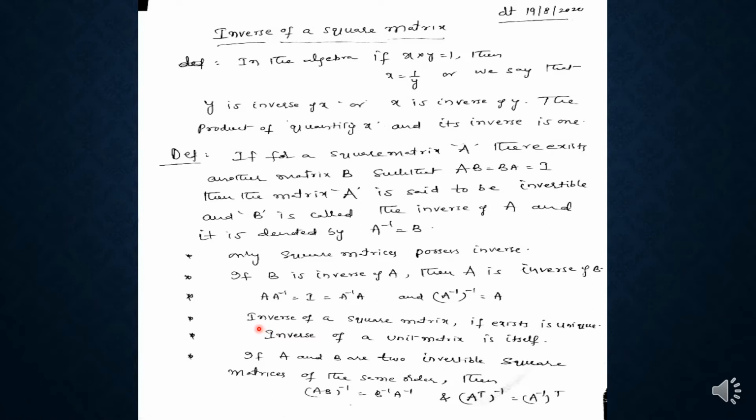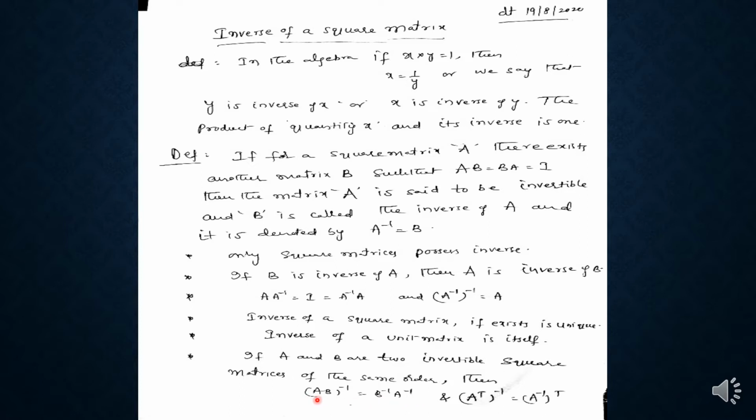A non-singular matrix gets an inverse matrix that is unique, only one. The inverse of a unit matrix is itself. If A and B are two invertible square matrices of the same order, then (AB) whole to the power of minus 1, that is (AB) inverse, is equal to B inverse into A inverse.